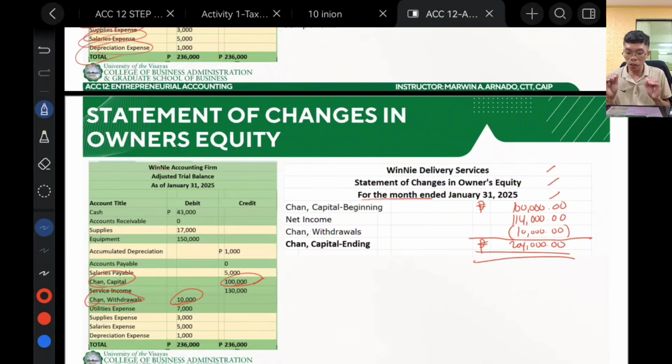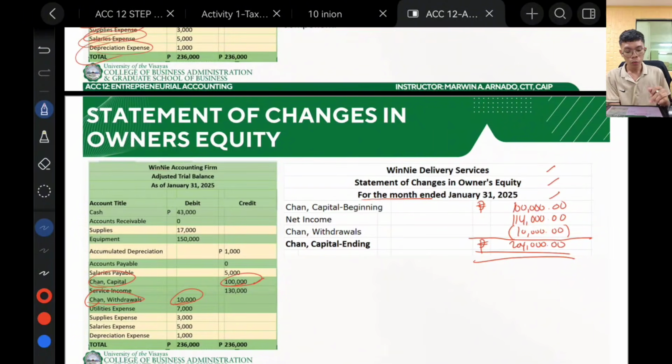It is just that you need to really make sure that the balances you have on the adjusted trial balance are correct, or else it will affect your financial statement, because the amounts we use in the financial statement are coming from the adjusted trial balance. Okay? Are we clear? Okay, that's good. And again, please do not forget the pro forma I write here, because this is the format that I want during our examinations or quizzes.